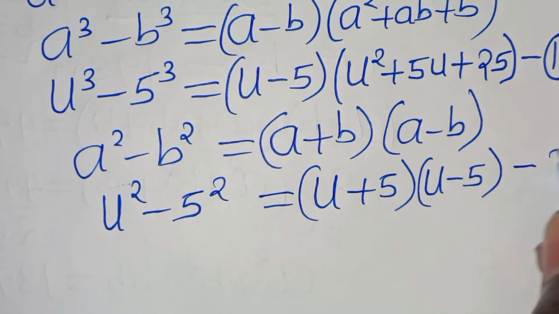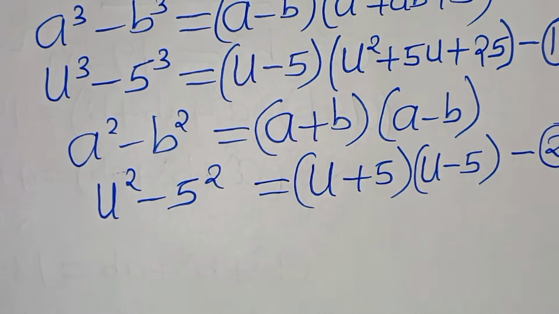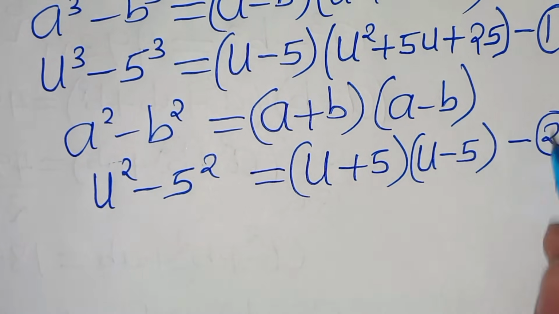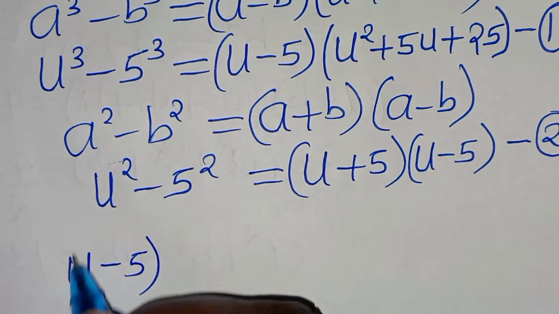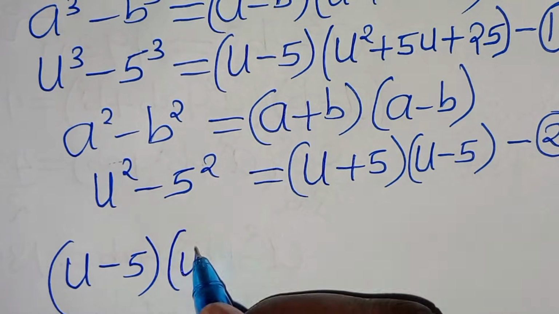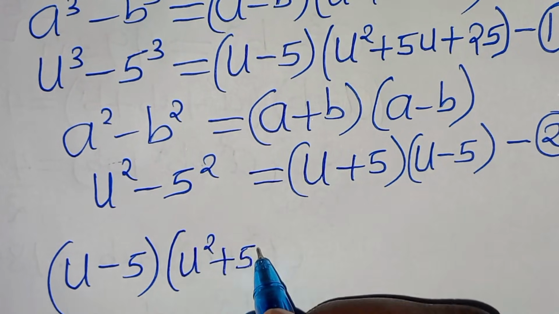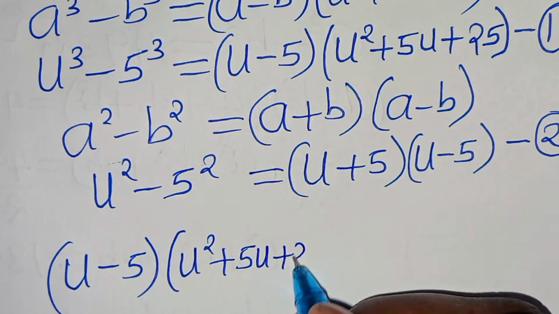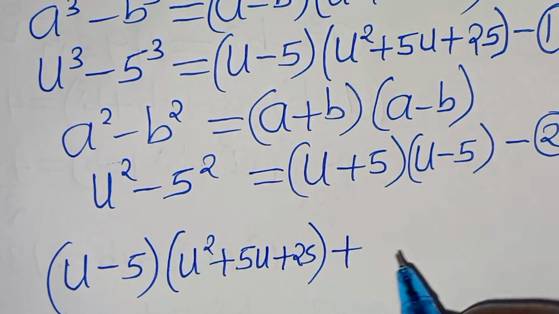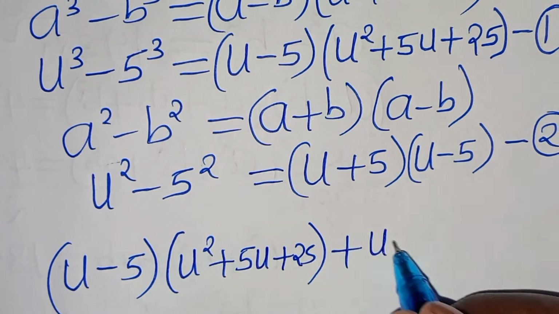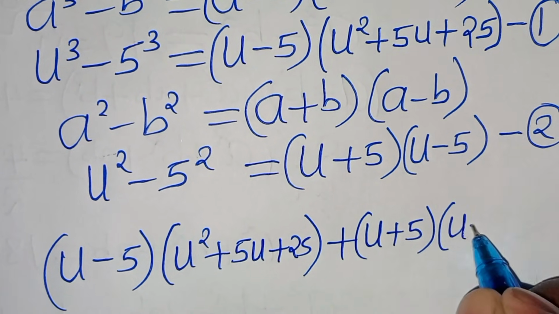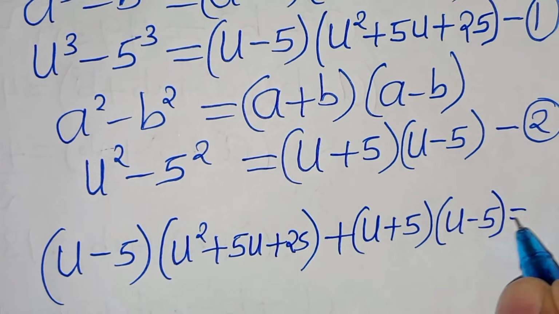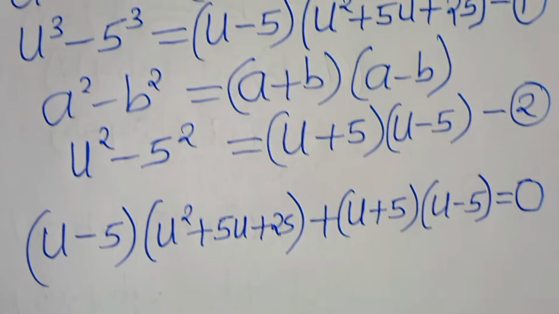Let's call this case 2. Now let's combine case 1 and case 2 here. So we have u minus 5 times u squared plus 5u plus 25, then plus u plus 5 multiplied by u minus 5, and this is equal to 0.